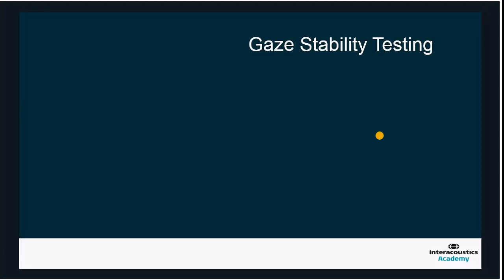So nystagmus being present in any of the three conditions will have an effect on other eye recordings further in our VNG assessment. If that nystagmus is present with fixation, this is going to affect our saccade testing and our smooth pursuit testing, and also will have an influence on our optokinetic testing.